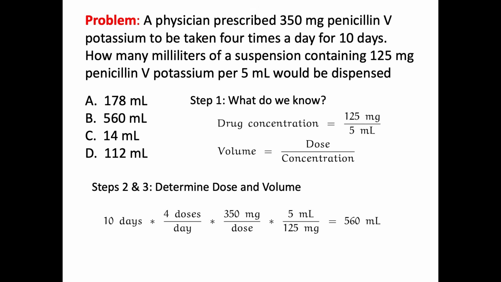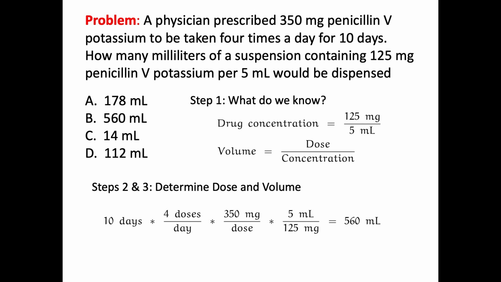And I just said we know the concentration is 125 per 5. So the tricky part to this question is that while we were given the dose, we weren't given the dose expressed like we need to use it. So we have to use the individual parts, the 350 milligrams and the 4 times a day and the 10 days. We have to use all of that to determine the dose.